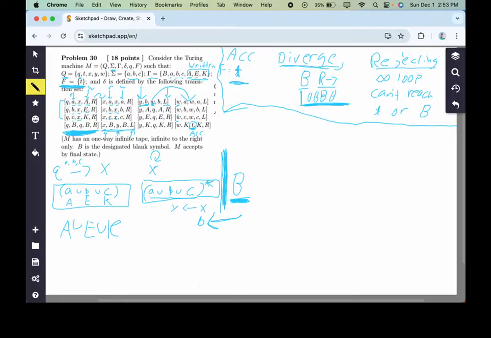Now, if this was a 0, this means the first character that I'm looking at from the left wouldn't have been a B. It would have been one of these capital letters from state Q. Question: the B specifically needs to be already present from when we were in state X?